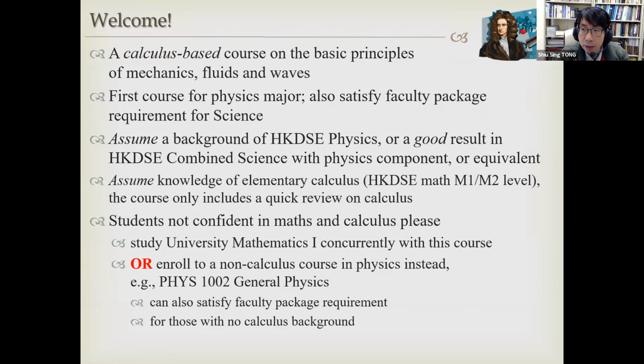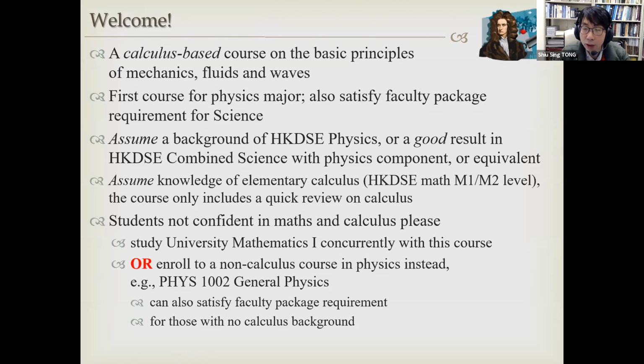And for the second semester, I think there are more students from different departments and faculties. You may not be a major in physics, but you are interested in the course, and also you may use this course to satisfy the faculty package requirement. Since this is a calculus-based course, we have assumed a background of Hong Kong DSE physics.